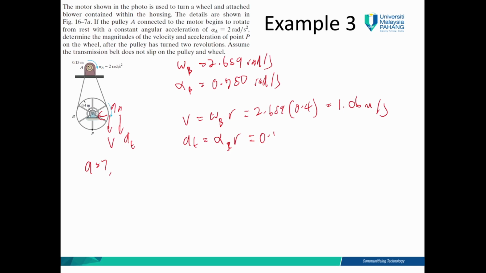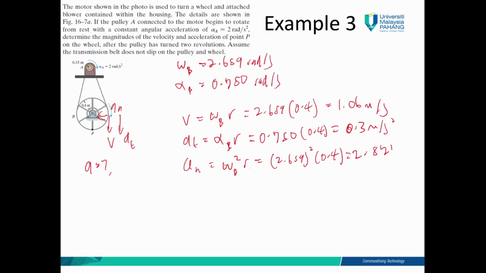So 0.750 times the radius 0.4, you should get 0.3 meter per second square. And if you want to find out the magnitude of the normal acceleration, it is omega B to the power of 2 times r, radius of B. So it is 2.659 to the power of 2 times 0.4, which you should get 2.827 meter per second square.